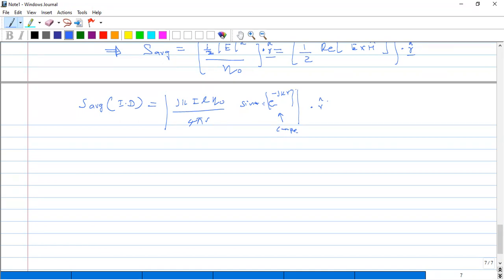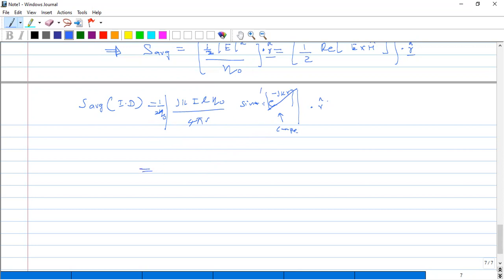So this part will also be cancelled, that will be 1. And this should be divided by half neta naught.